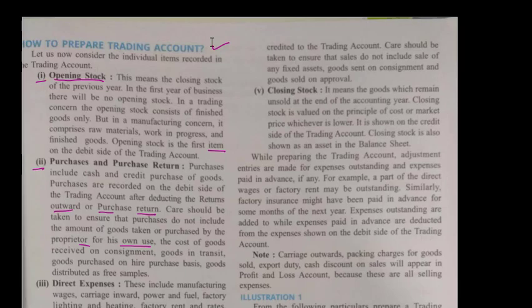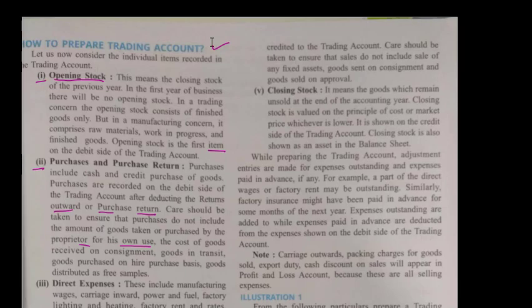If you receive some goods on consignment, you sell them, and once the selling is complete, you return anything that is unsold. So the cost of goods received on consignment will not be included under purchases.